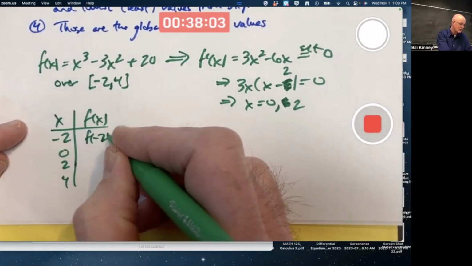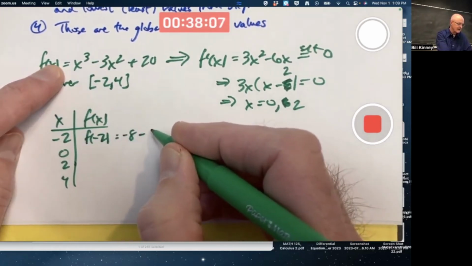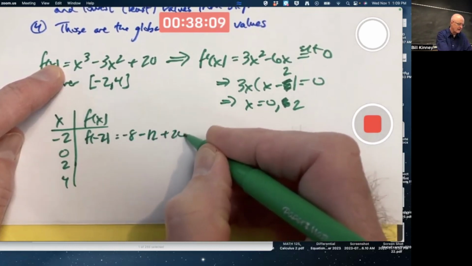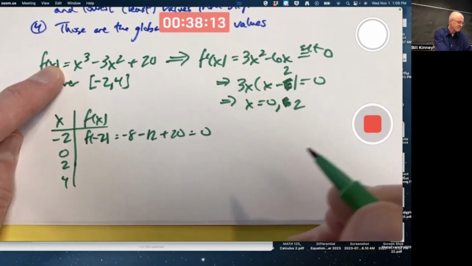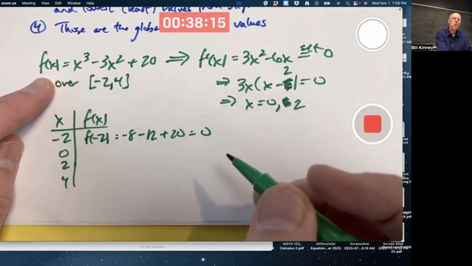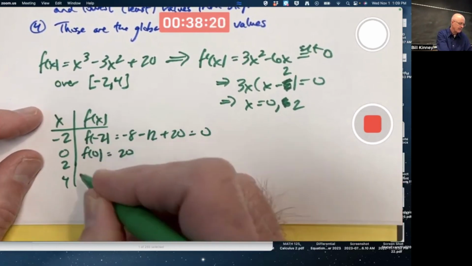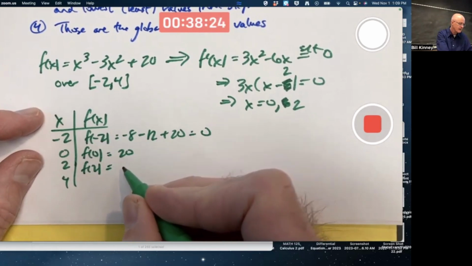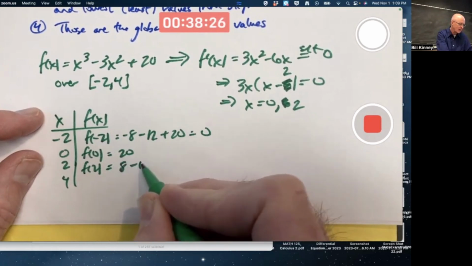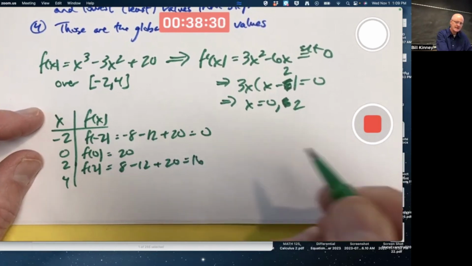What's f of -2? It's -8 minus 12 plus 20, which is 0, amazingly. What's f of 0? It's 20. What's f of 2? It's 8 minus 12 plus 20, and that is 16.